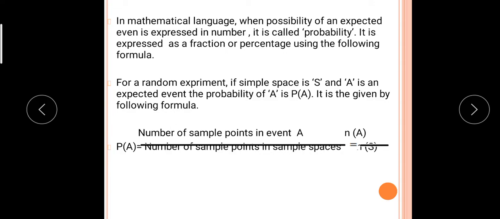For example, in a sample space there are a total of 10 points, and in an event there are 5 points. Then the probability for the event A is 5 by 10, N of A upon N of S.